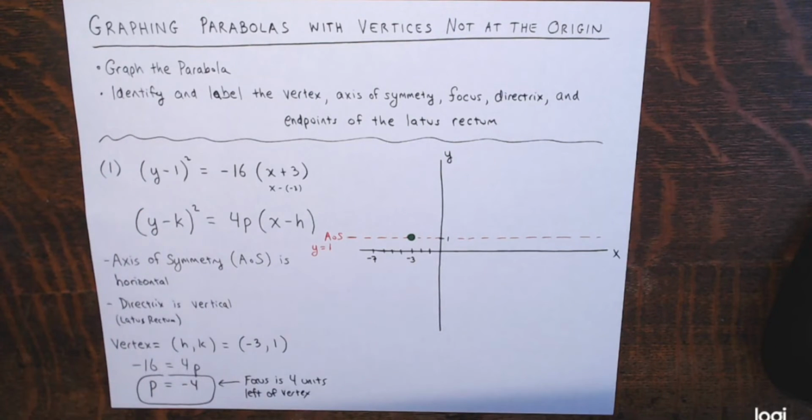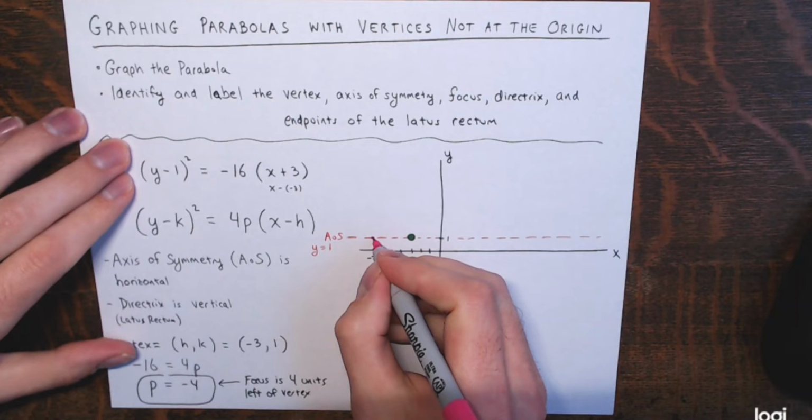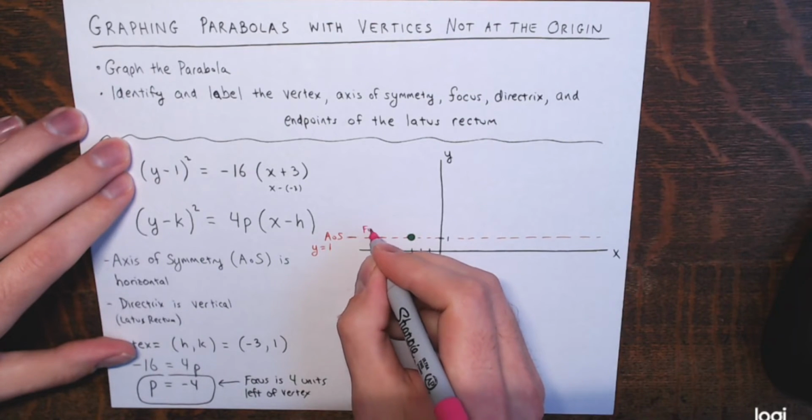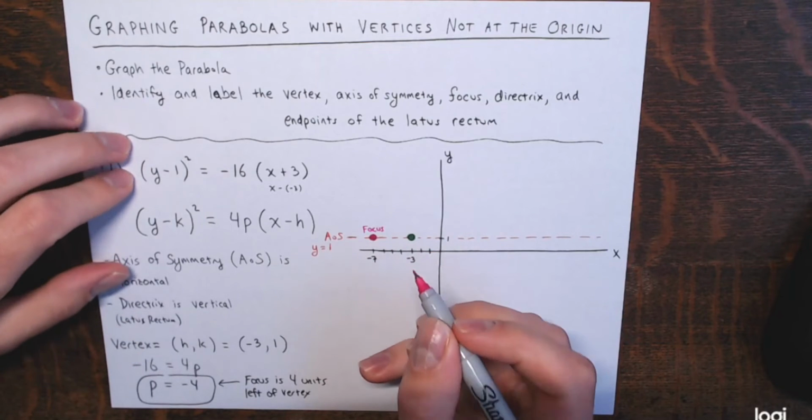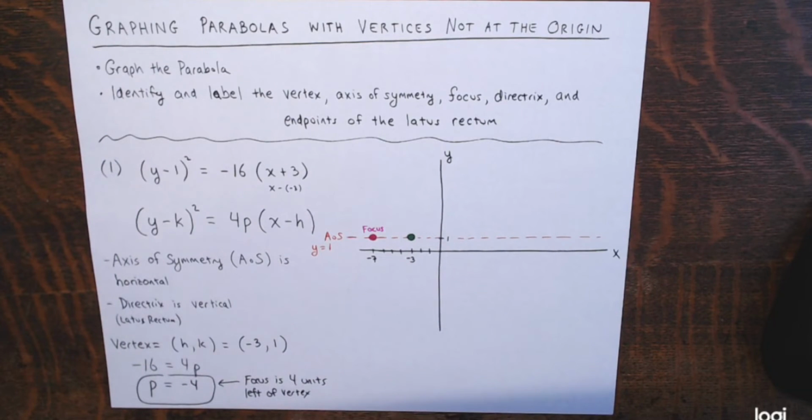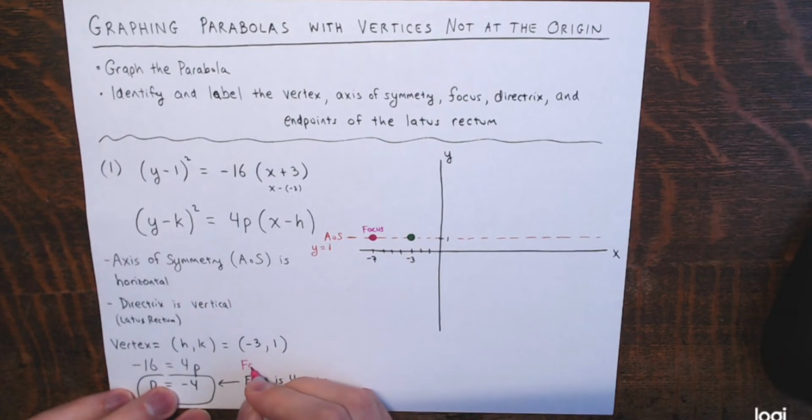All right, so if I go from the vertex 4 units to the left, here's negative 7, 1, and I'll put this in a different color, because this is not on the parabola. The focus is not a point on the parabola. It's like surrounded by the parabola. The parabola curls around it. So the focus is at negative 7, 1.